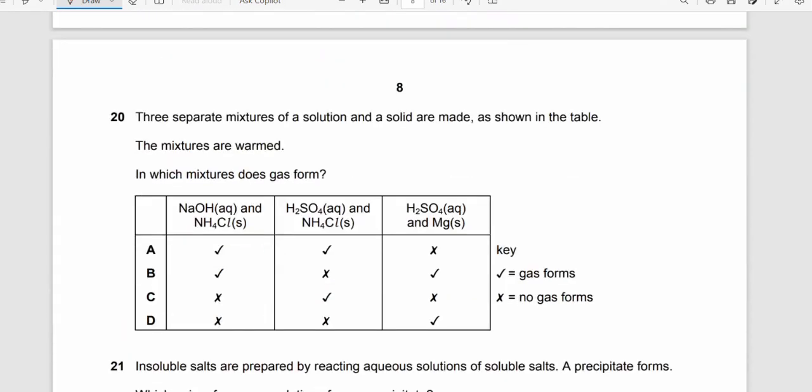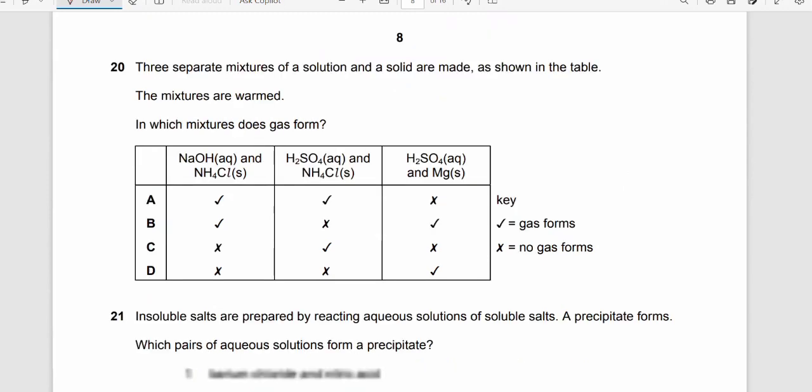Three separate mixtures of a solution and a solid are made as shown in the table. The mixtures are warmed. In which mixture does gas form? If we react sodium hydroxide with ammonium chloride, ammonia gas, NH3, will be released.